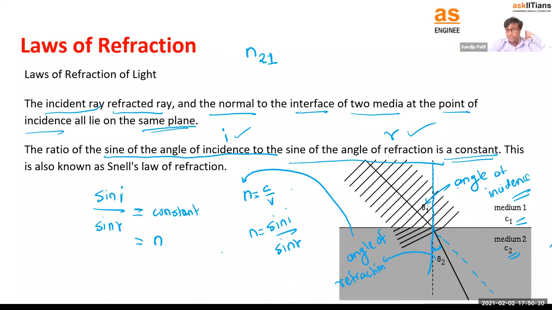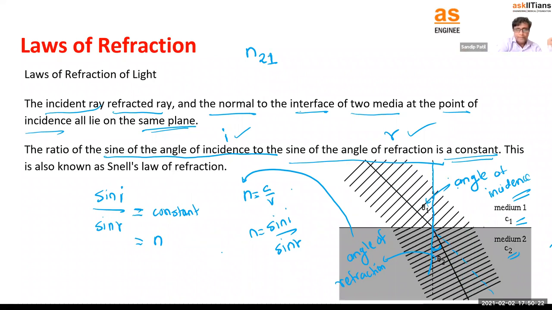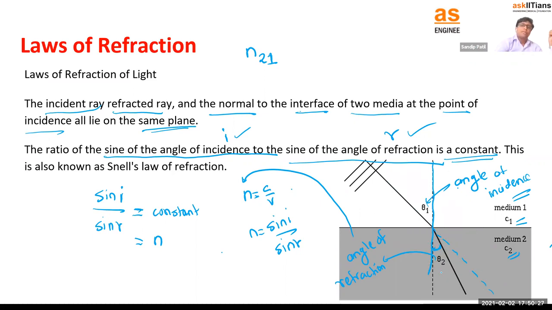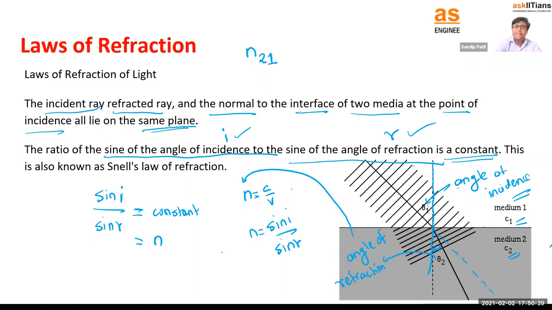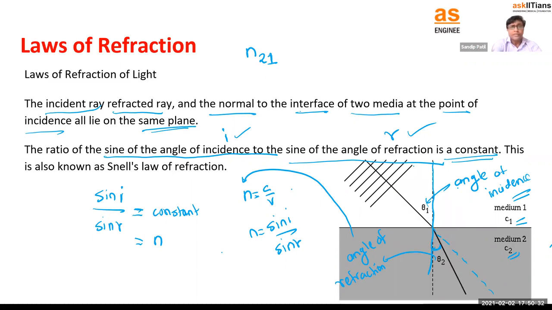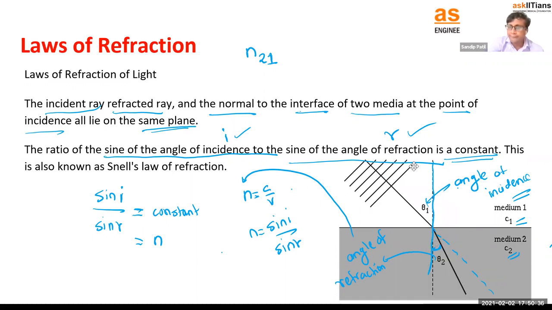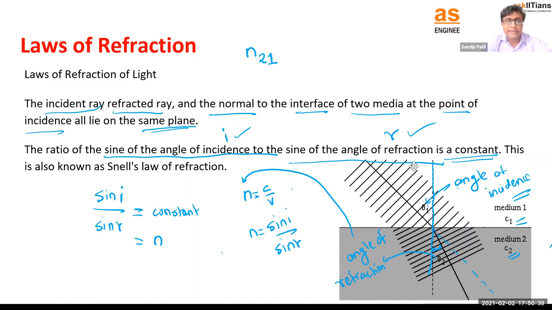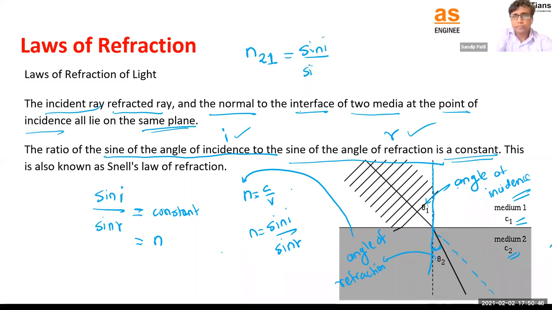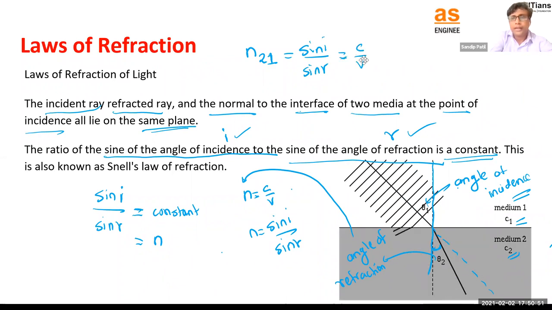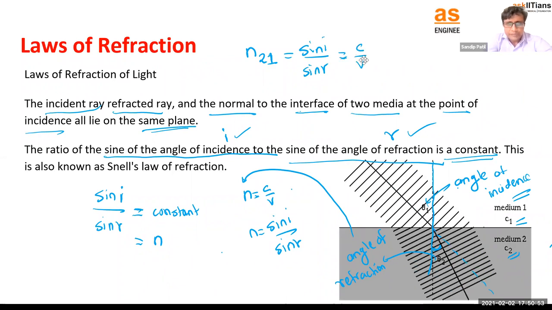If you change the first medium, say our first medium is air and this is glass, and you consider the first medium as water and then glass, then everything is going to change. So the refractive index is a relative term, dependent on both media. The relative index of the second medium with respect to the first has the formula sin I upon sin R, or I can write another formula, c upon v.